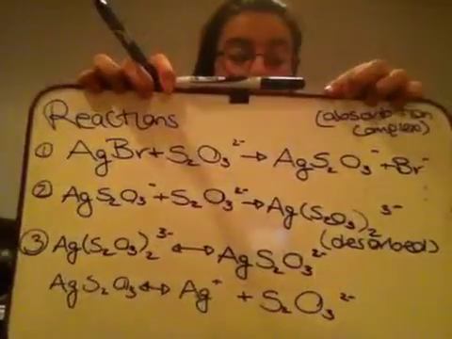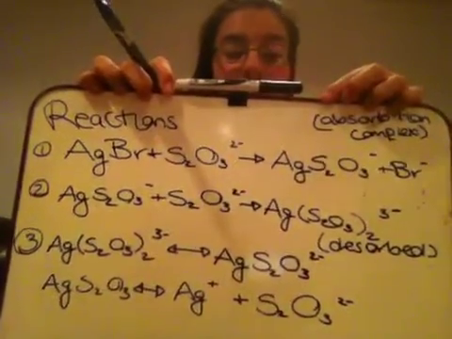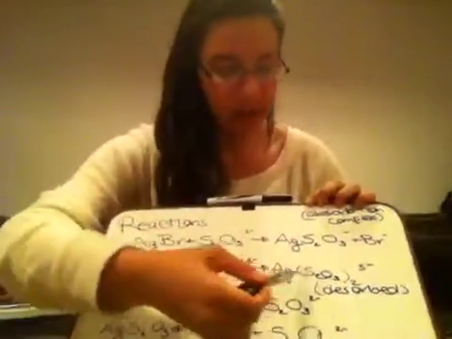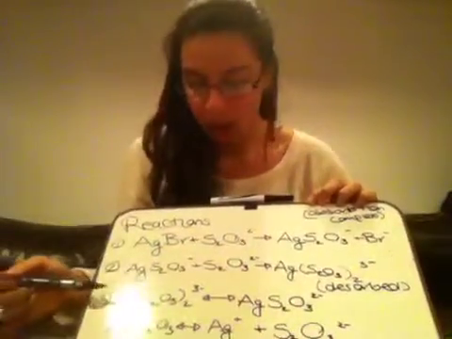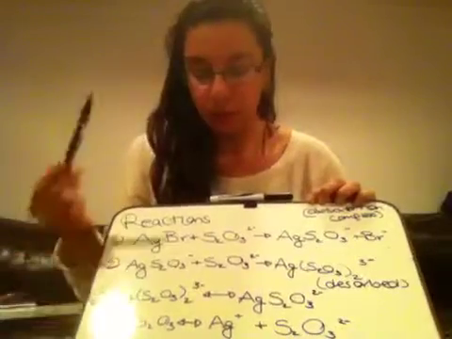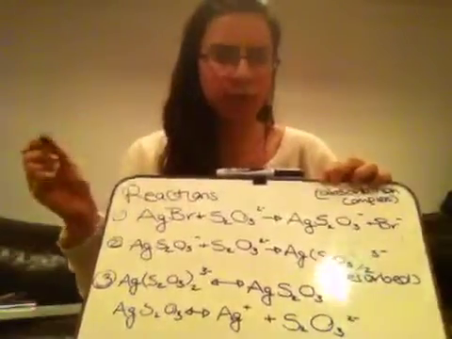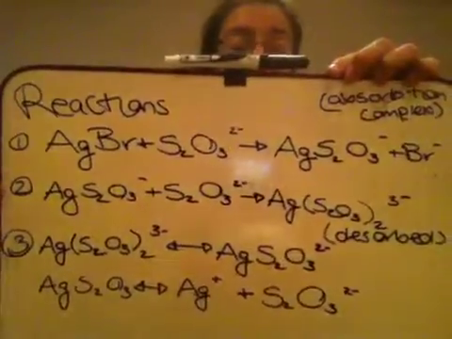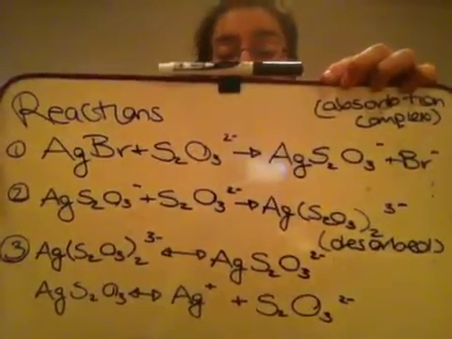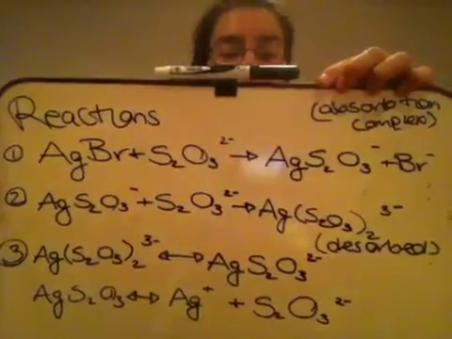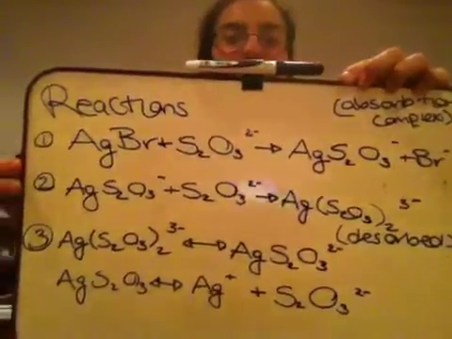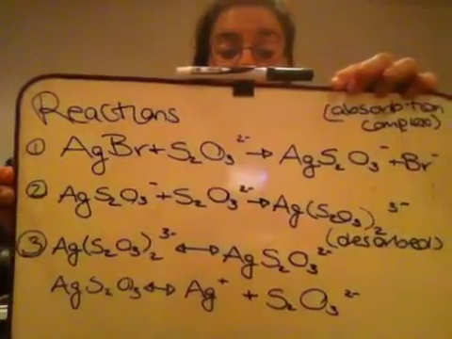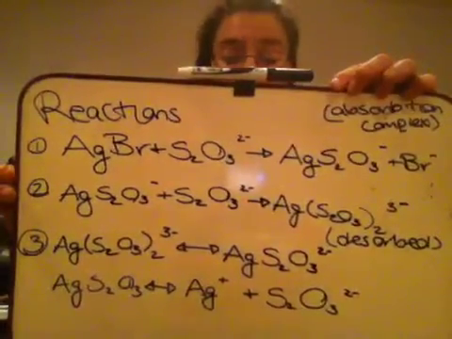Again, you have the previous equation, so that's this product, which is Ag(S2O3)2 with the 3- charge, and then that turns into AgS2O3 minus plus S2O3 2 minus.